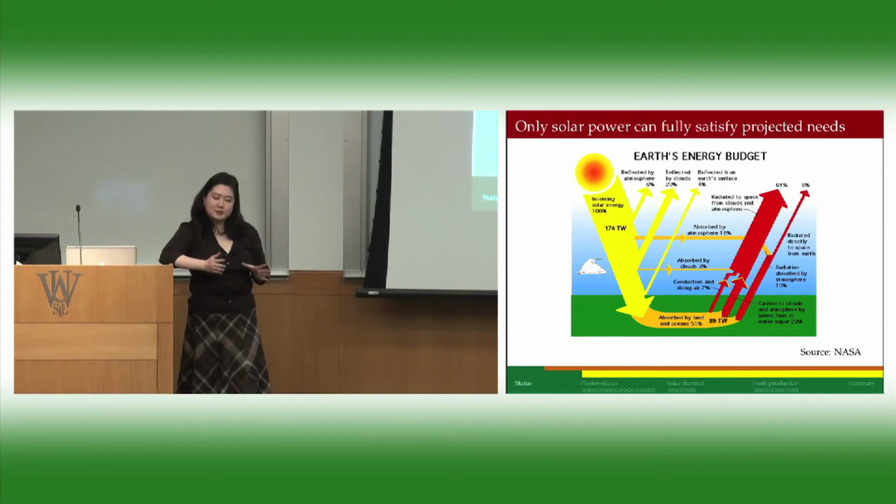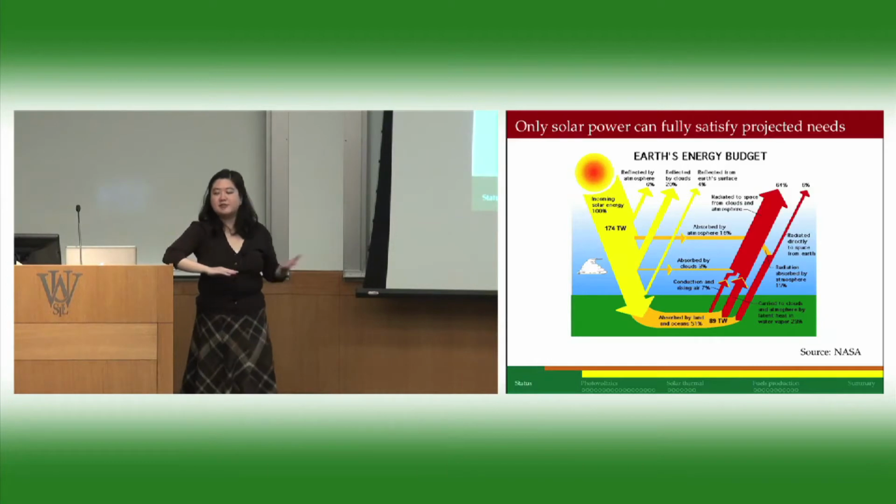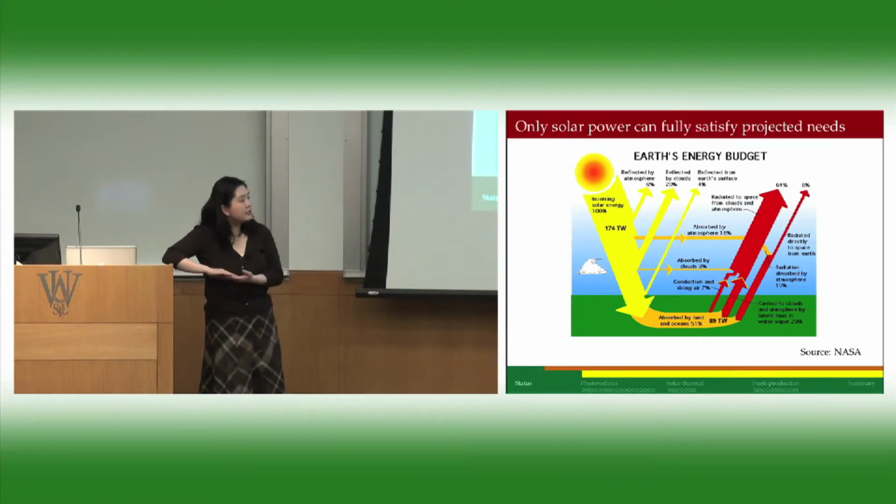Compared to how much we actually need right now, which is 14 terawatts, there's a lot more than we need, which is great. Even if we account for all the radiation that's reflected off of the Earth by various processes or absorbed by clouds, we still get on land about 51% of that, which works out to about 89 terawatts.